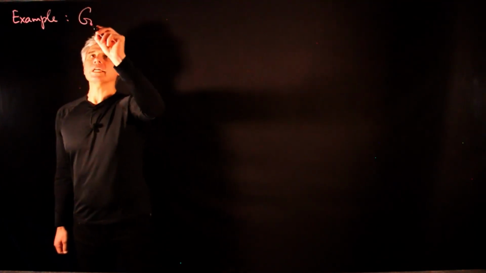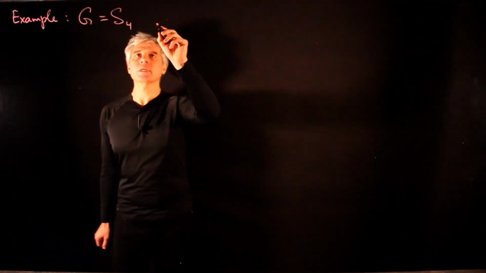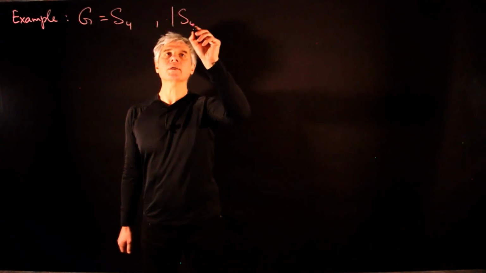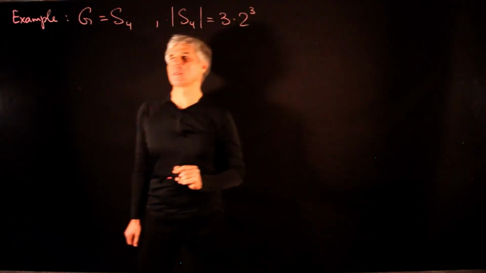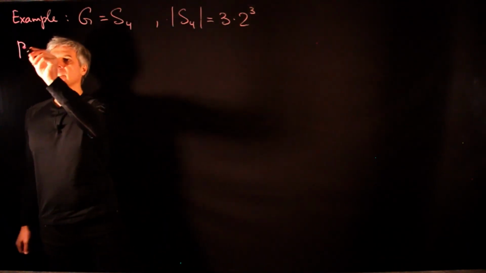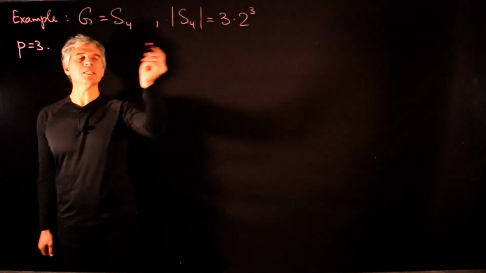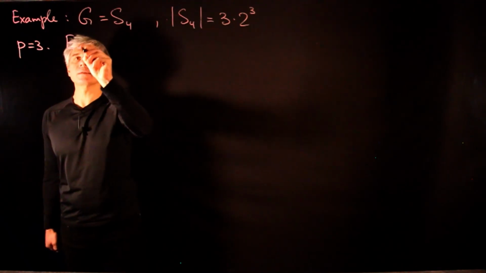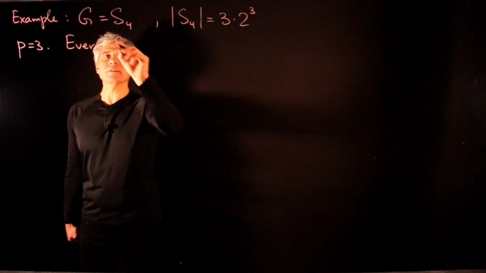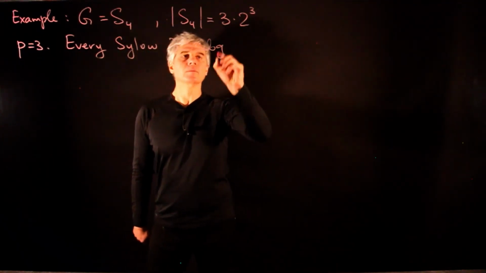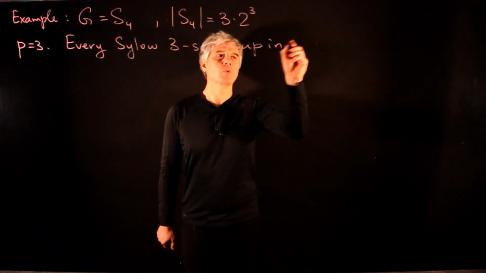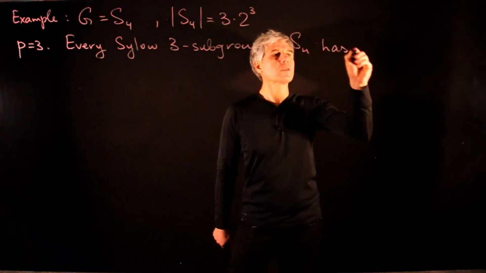Now, let us expand our example of the group S4. So here the order of S4 is 3 times 2 cubed. So let us first take p equals 3. So what we see here is that every Sylow 3 subgroup in S4 has order 3.